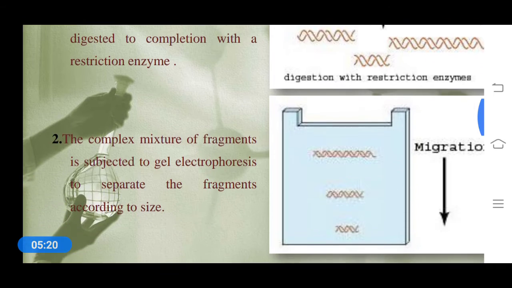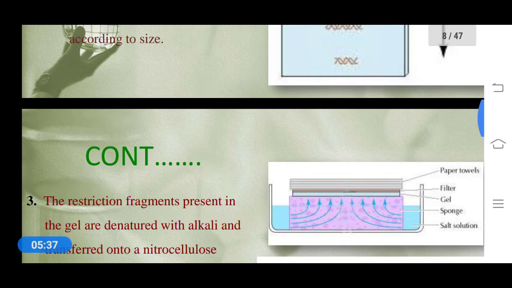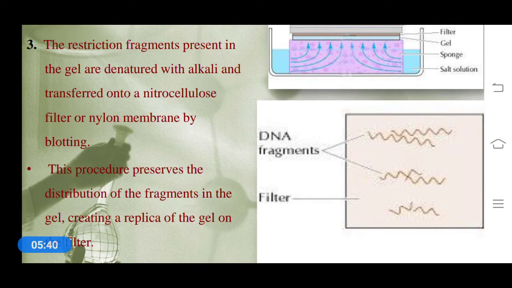This complex mixture of fragments is added to the agarose gel, gel electrophoresis is carried out, and the fragments are separated based on their size. Later, these DNA bands formed at the end of agarose gel electrophoresis are transferred onto nitrocellulose paper or nylon membrane. Either can be selected, nitrocellulose filter or nylon membrane.